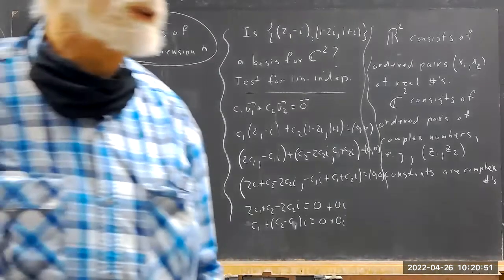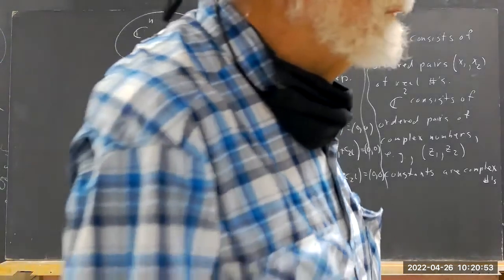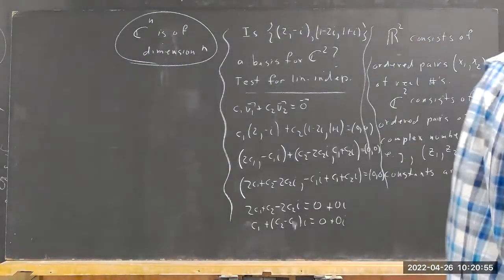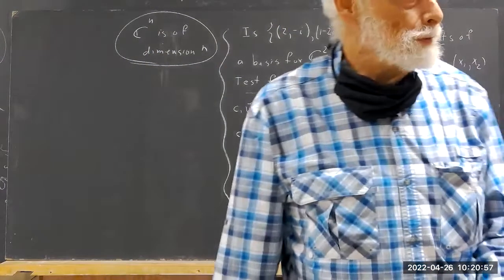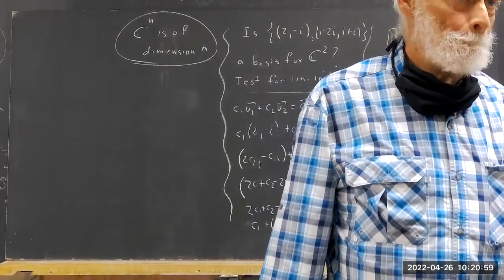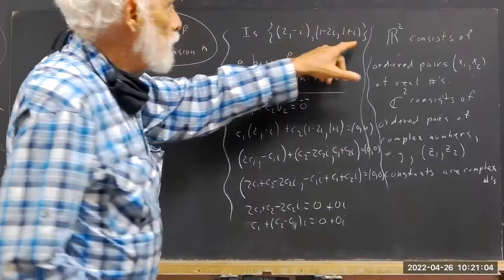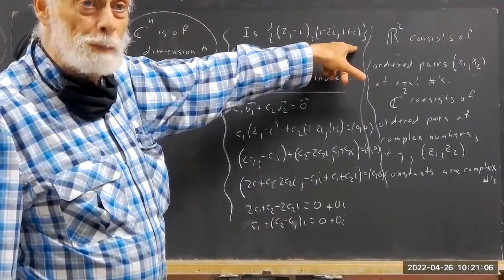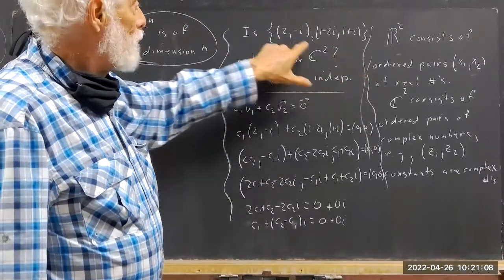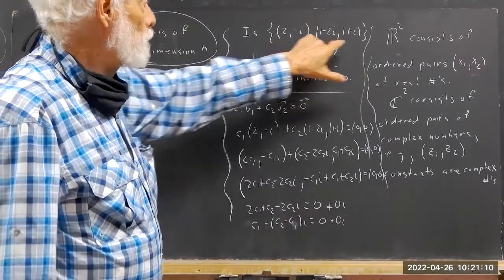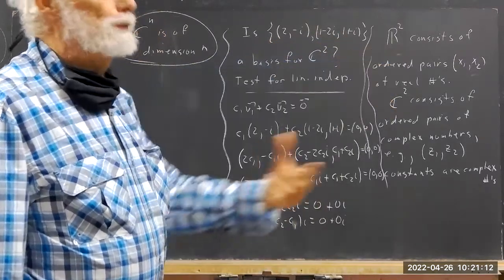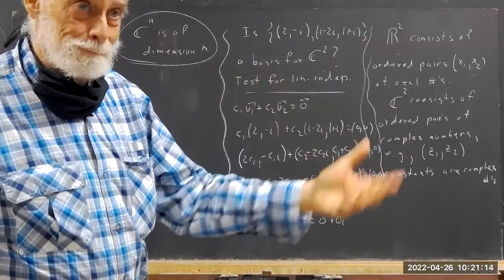So the first problems you're going to see simply ask you, is this set a basis for Cn? Sometimes it's two vectors in two-dimensional space. Sometimes it would be three ordered pairs, which means you'd be in C3.